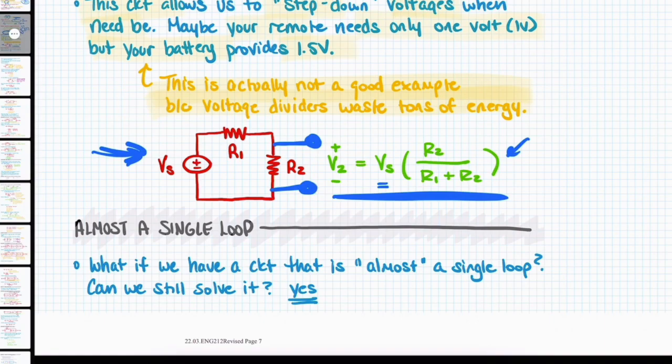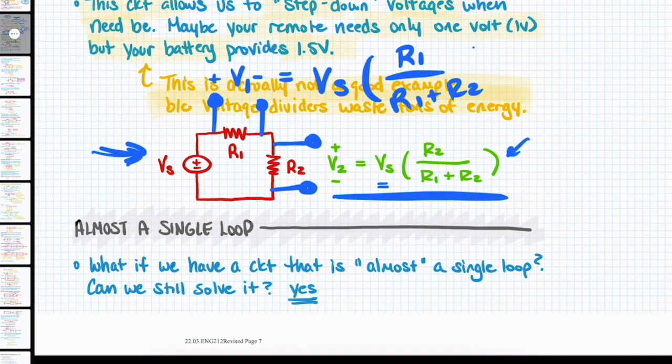Because let's say, for example, we want to observe the voltage here across R1. If I were to call this V1, I'll say plus minus, that would be equal to Vs times R1 over R1 plus R2. The reason for that is because we always put the resistance across which we're observing in the numerator. The denominator would stay the same.